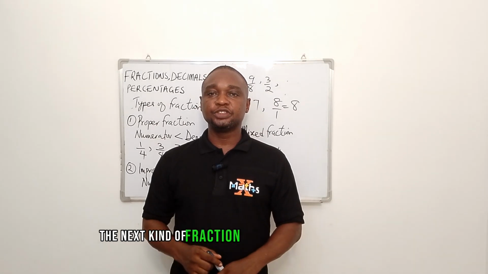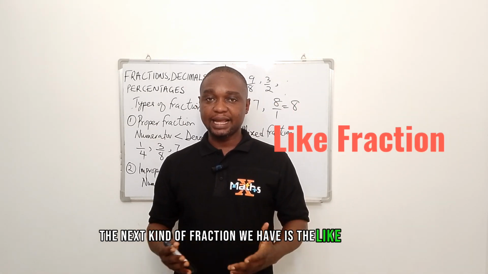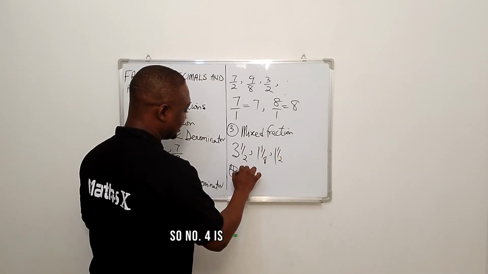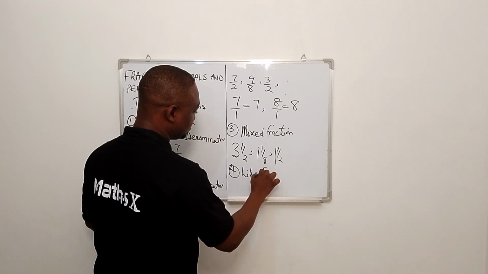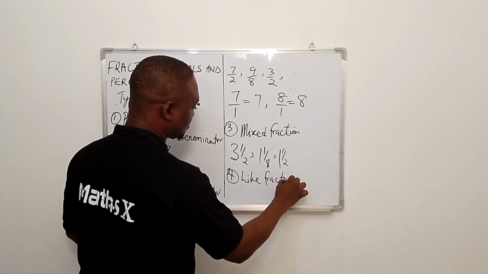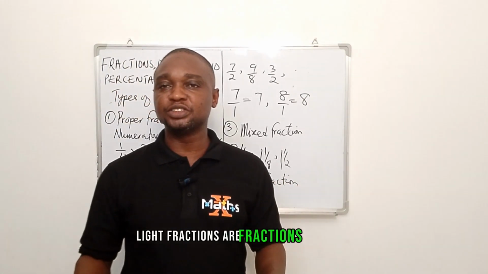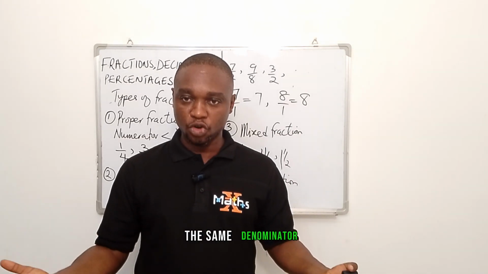The next kind of fraction we have is the like fraction. So number 4 is the like fraction. When do we say fractions are like fractions? Like fractions are fractions that have the same denominator.